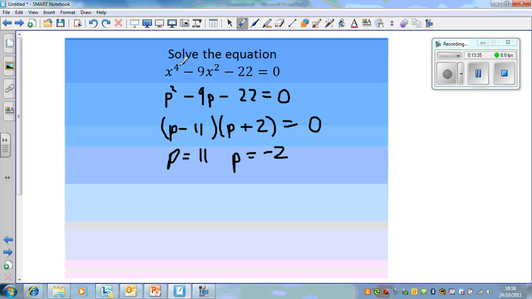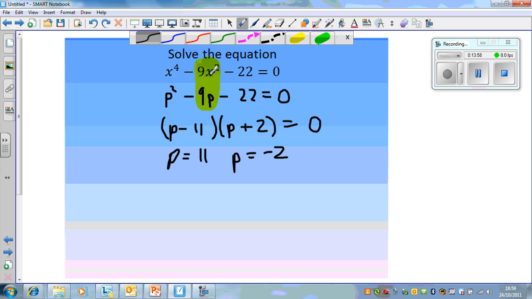We've got this x to the power of 4. Now, how do we do this? We know what p is. We want to find out what x is. Now, the clue is to look at this middle term. I'm going to highlight these. What we're saying here is that this p is the same as x squared in our original one.